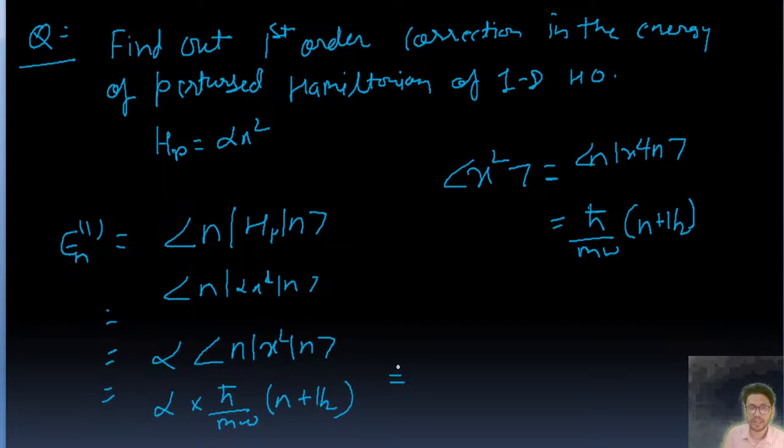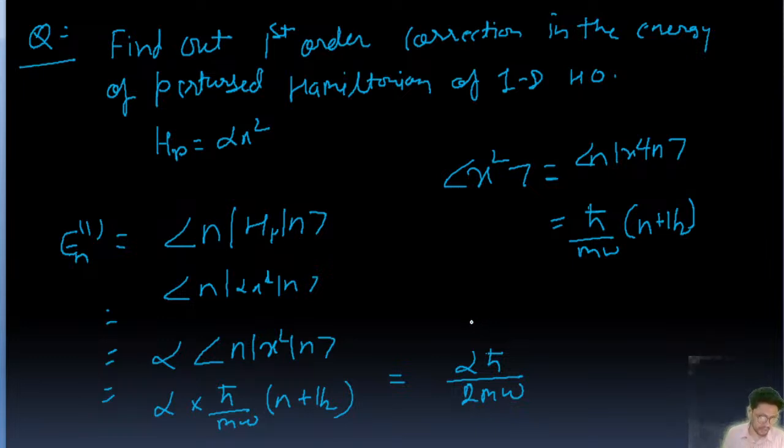First order correction in the energy of the perturbed Hamiltonian. So for the ground state, n equal to 0. If you put n equal to 0, the value is going to be alpha h cut upon 2m omega, right?